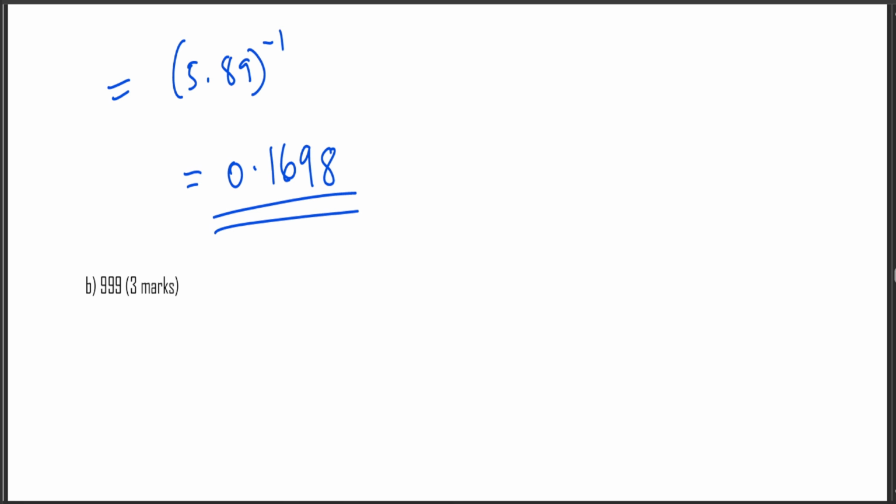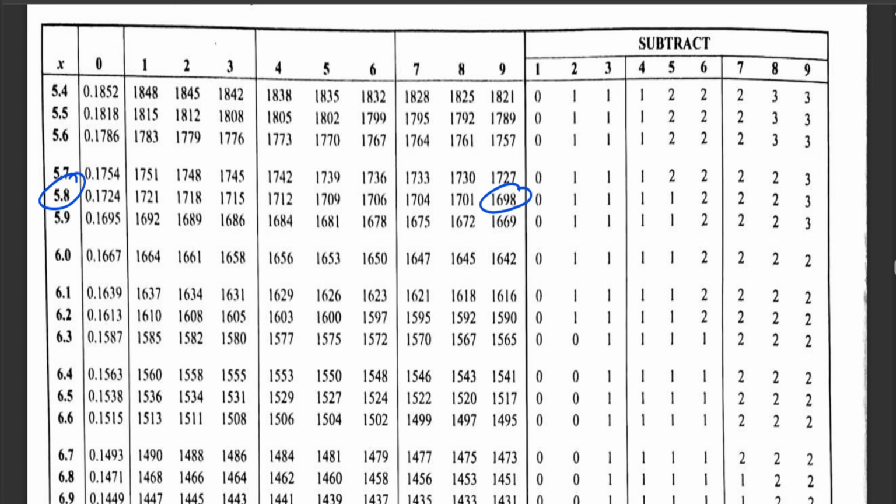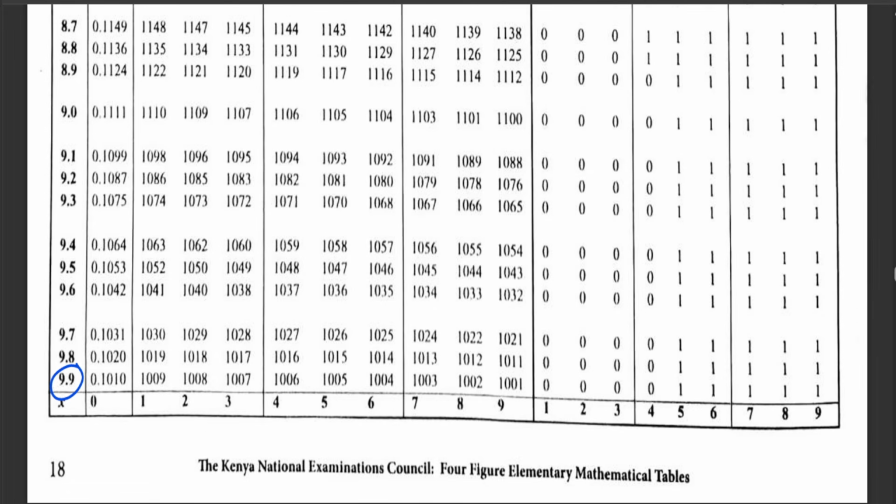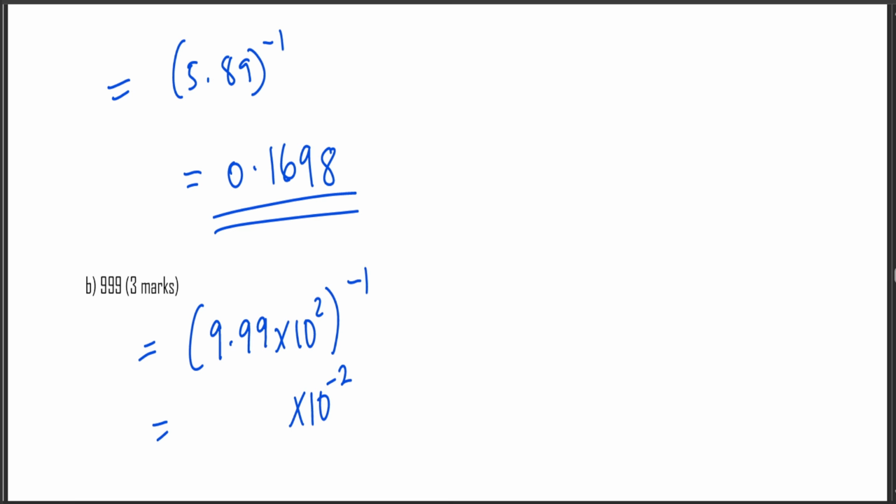For the other one, 999, you need to write it in standard form because numbers should be from 1 to 9.99. Okay, so write as 9.99 times 10 raised to power 2, reciprocal of that. So reciprocal of 10 power 2 is 10 power negative 2. And reciprocal of 9.99, let's see how much it gives us. 9.99 is 0.1001.